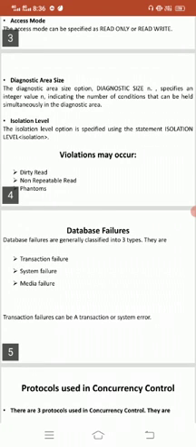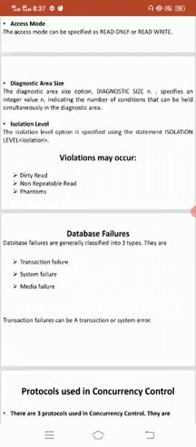Second, local errors or exception conditions detected by the transaction. Third, concurrency control enforcement. So these three are called transaction failures.